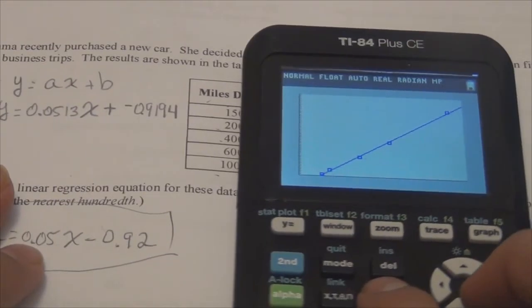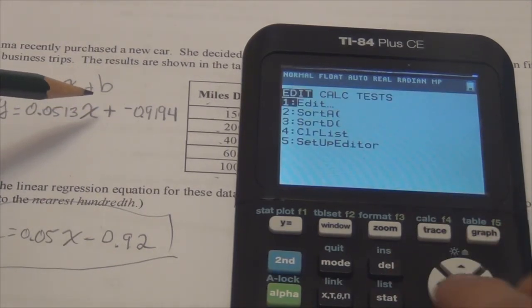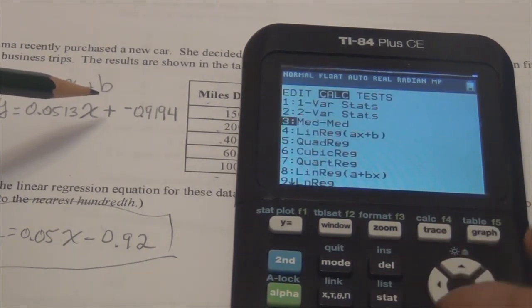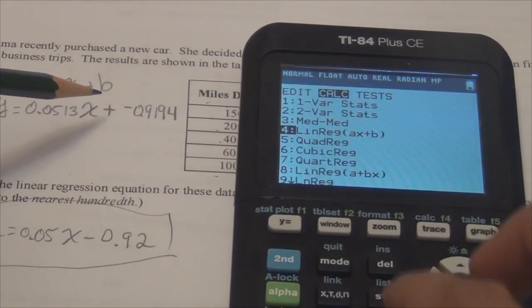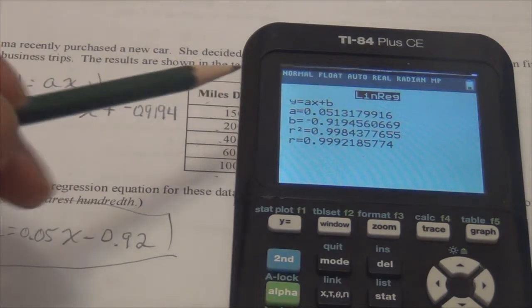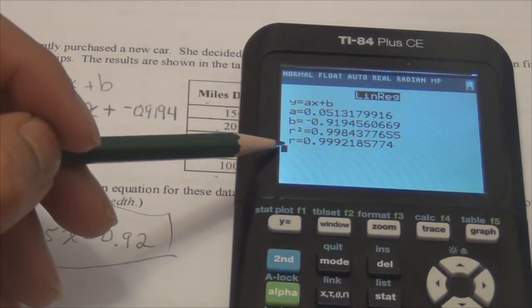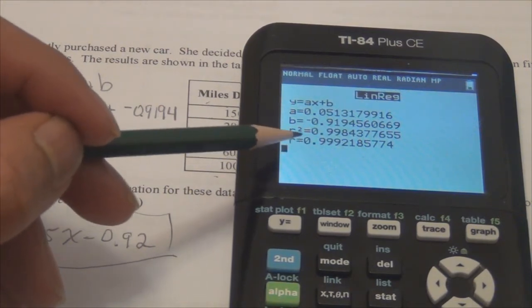What else do I want you to see in this problem? Let's take a look at the equation one more time. Choice number 4, linear regression. Okay, look at this. R, the coefficient of correlation, is 0.999.